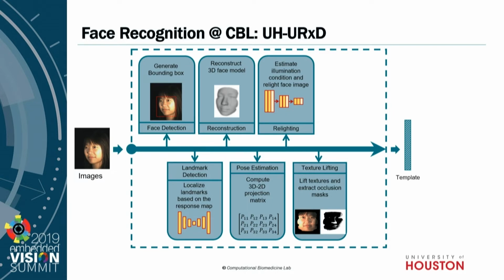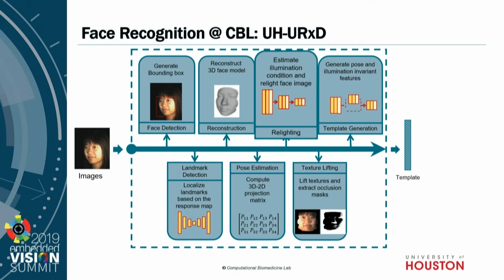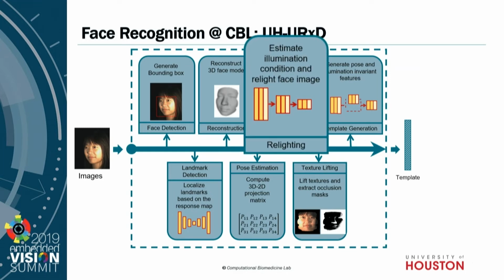Then we can extract what is valid from this specific picture, the valid part of the texture, and then we can generate the pose and illumination invariant features. That's basically our template. And for the purposes of this discussion, let me point out the value of relighting. You will see this value later.